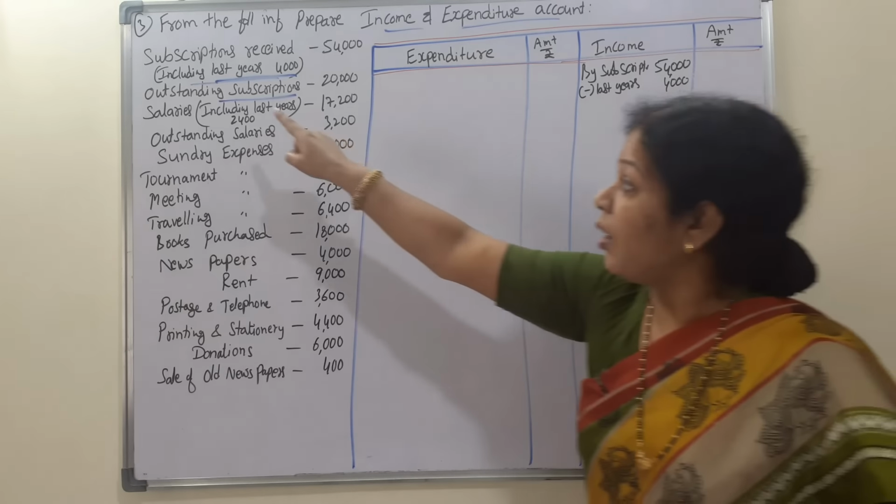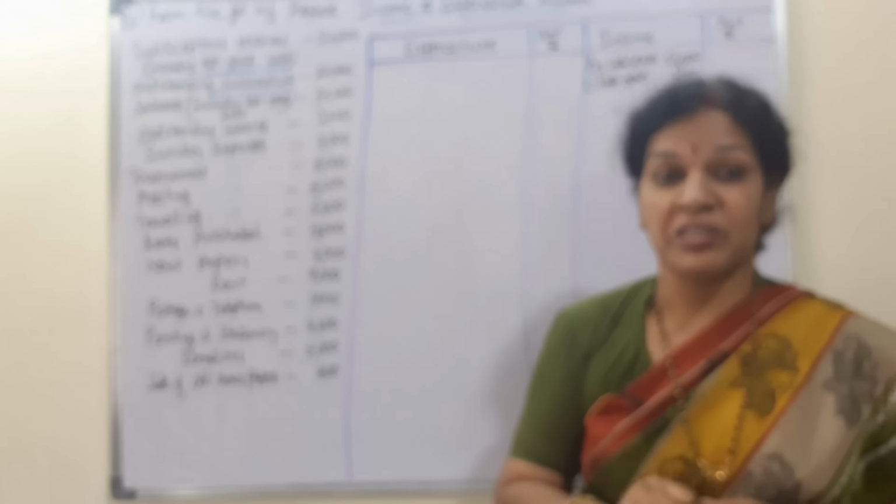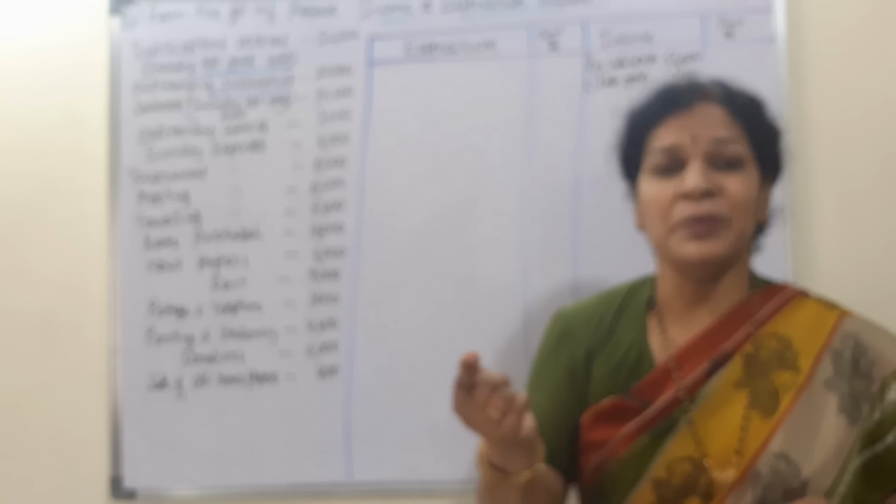Next, outstanding subscriptions means payable this year only. They did not say anything, so it is understood to be this year's only. Outstanding subscriptions, since it's income, means receivable. If it is expenditure, outstanding means payable.